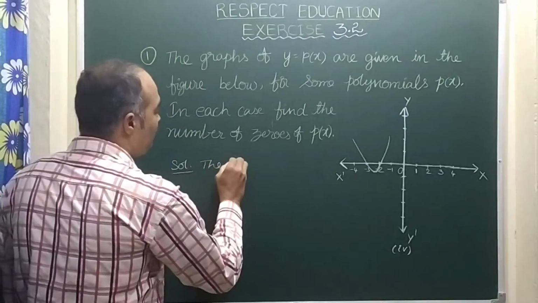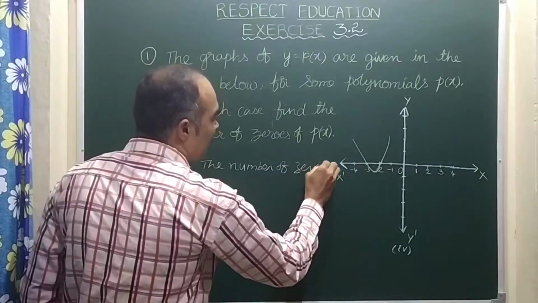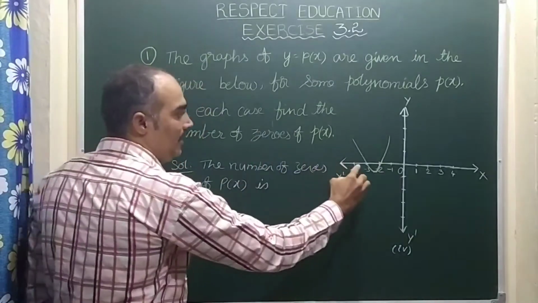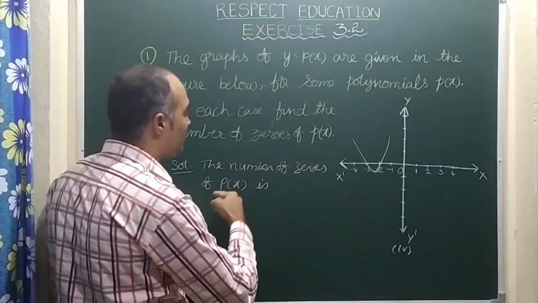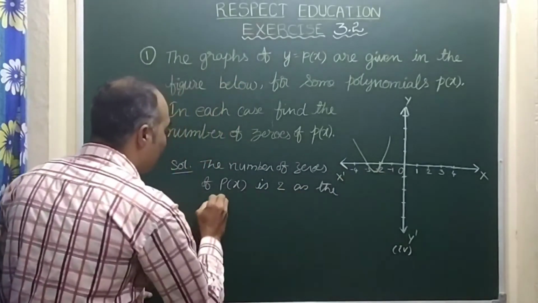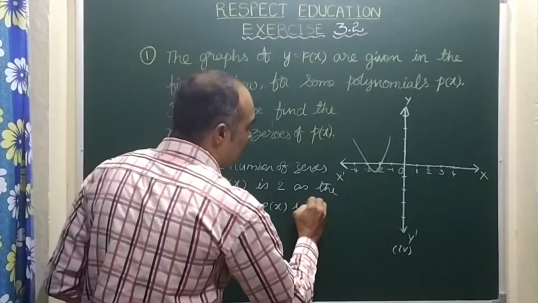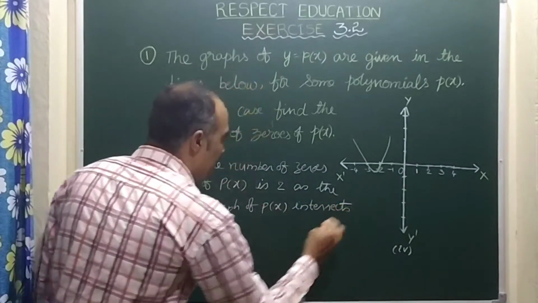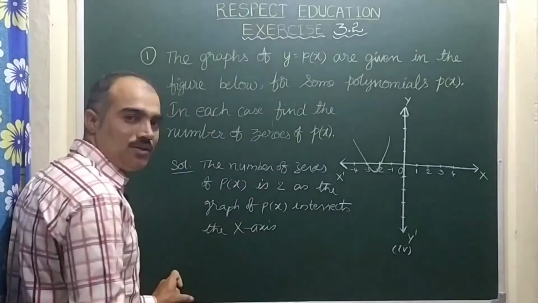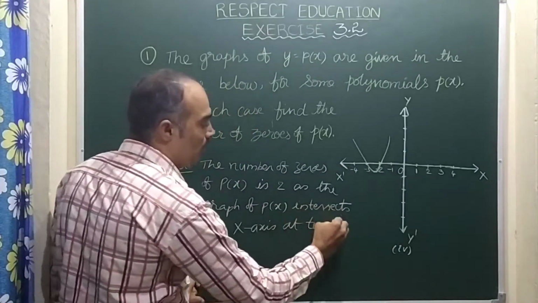The number of zeros of p of x is 2, as the graph of p of x intersects the x-axis at 2 points.